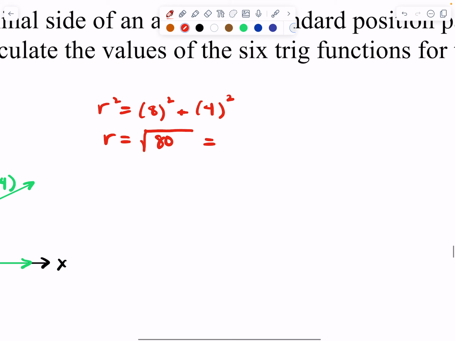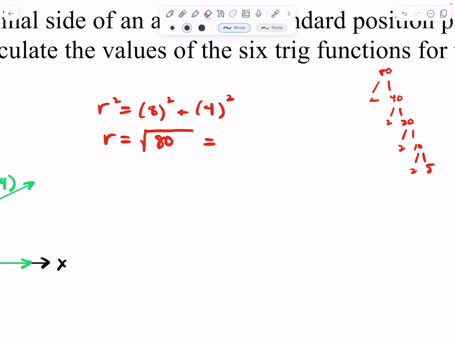So thinking about 80, we can write as 2 times 40, 2 times 20, 2 times 10, 2 times 5, right? So 4 root 5.